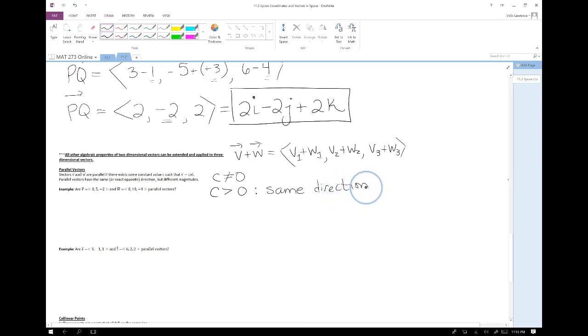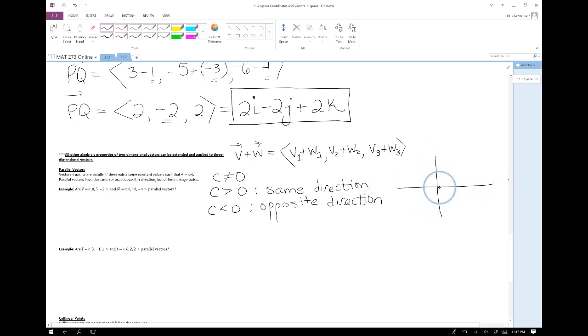If c is any negative value, that's going to cause our vector to turn around and point in the exact opposite direction. But these vectors are still considered parallel, even if they have opposite directions, because typically where we've used the term parallel before is in describing lines.